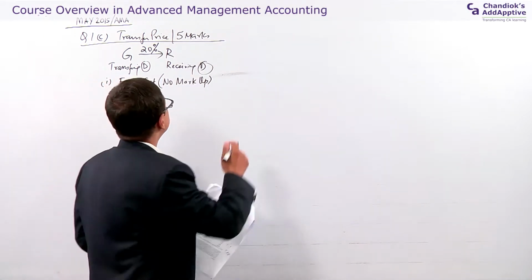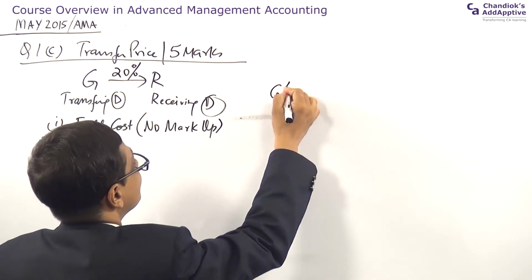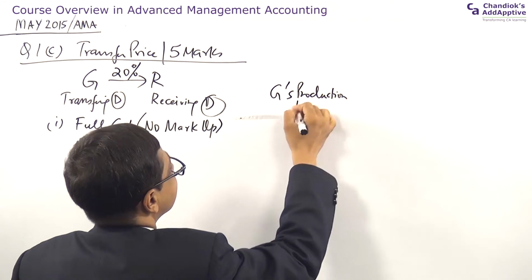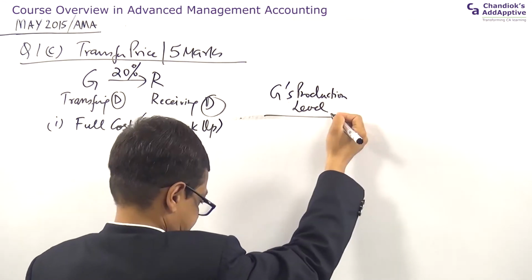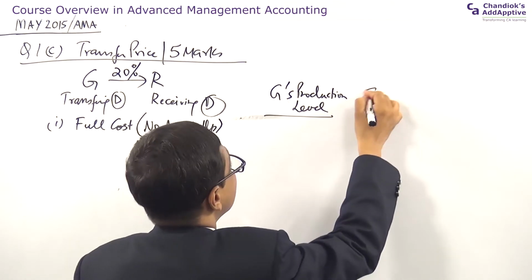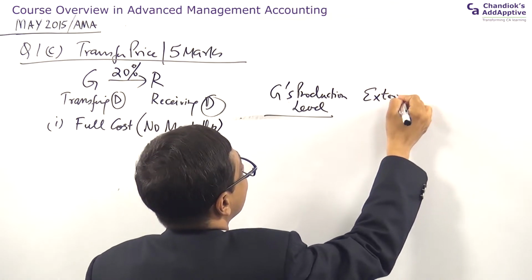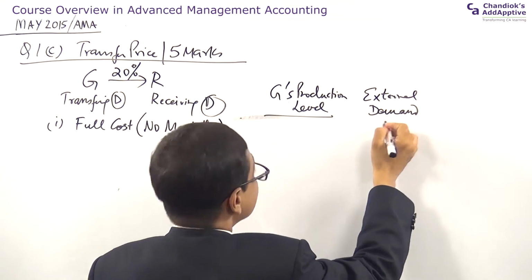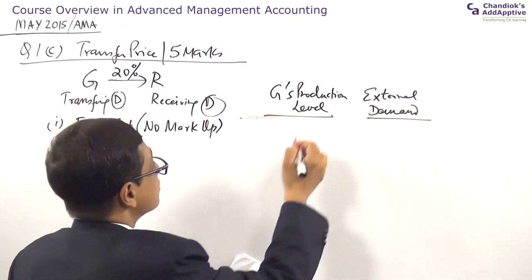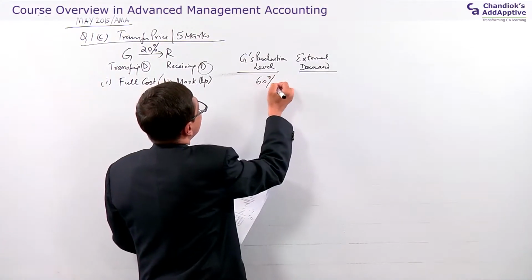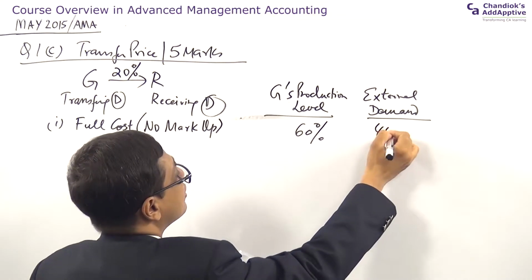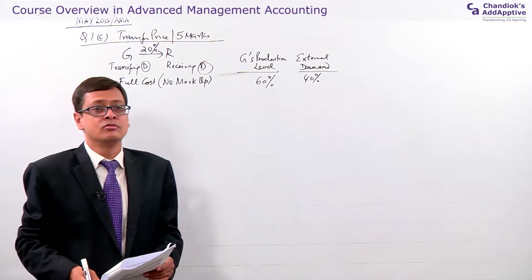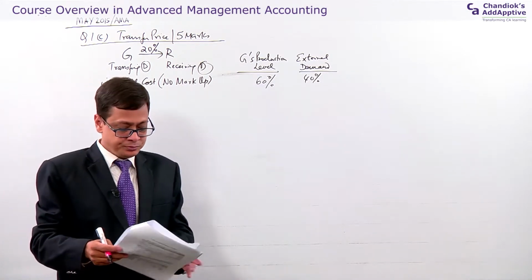So what is G's production level? And what is external demand? Right? So 60% is the production level and external demand is 40%. This is the first scenario which is given there.